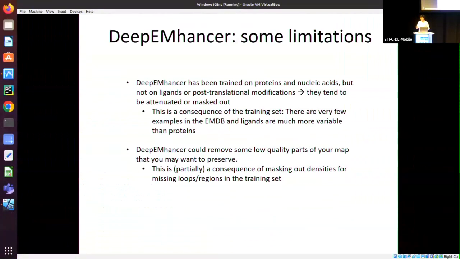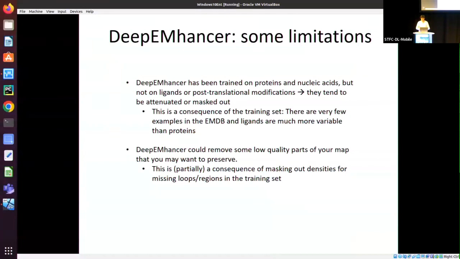And many times what happens is that those ligands or post-translational modifications basically get masked out. And the second thing, which is related, is that some very low quality parts of your map can just directly be masked out also. But in some cases, you may be interested in preserving those. So for those cases, DeepEMhancer is probably not your best solution.